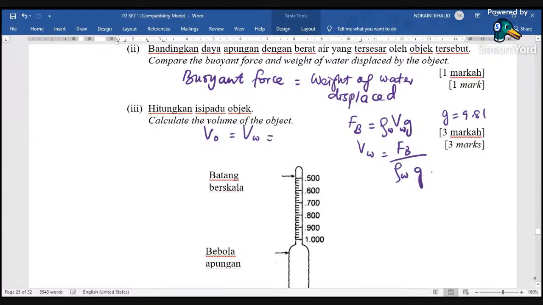The buoyant force already calculated is 1.2, divided by density of water 1 times 10 to the power 3, and g 9.81. You just divide, and you will get the volume of the object equals 1.22 times 10 to the power negative 4 meter cube.